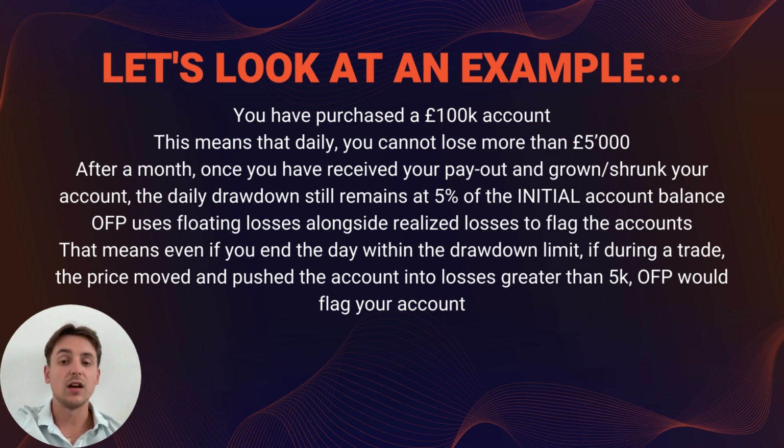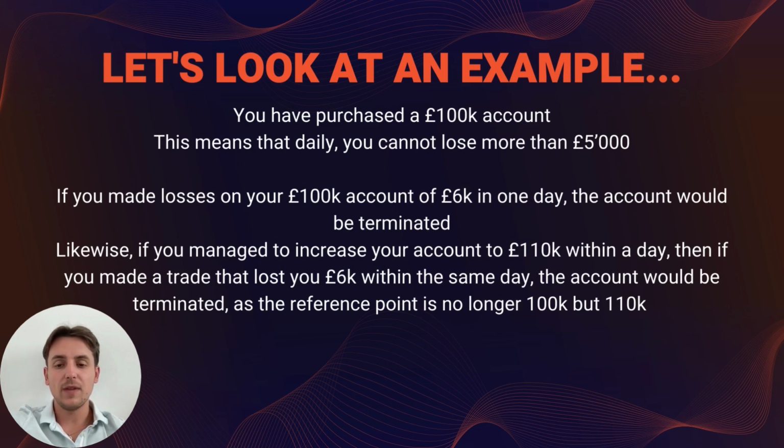It doesn't suddenly start adding or subtracting depending on what you have managed to do during the month. Furthermore, if you made losses on a 100k account of £6,000, this means that you would have gone over your 5% limit, and this would terminate the account.